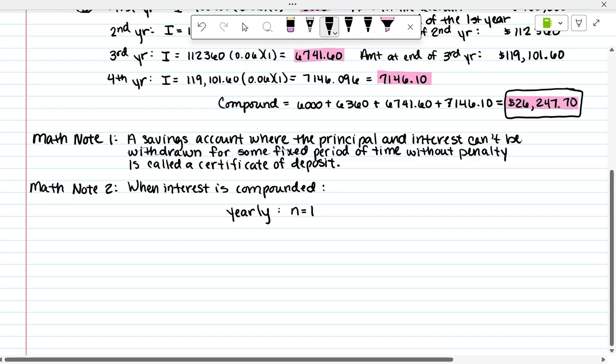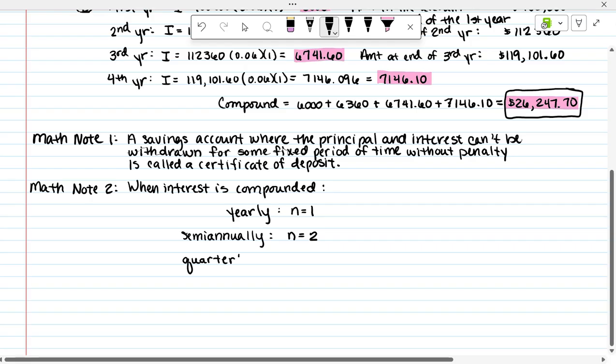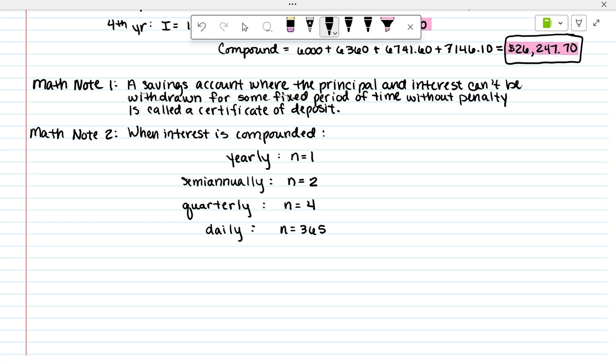If it's compounded semi-annually, that means n will equal 2. And then quarterly, that means n will equal 4. And daily, n will equal 365. It will not equal that 360 of the banker's rule. It will be 365. Okay?